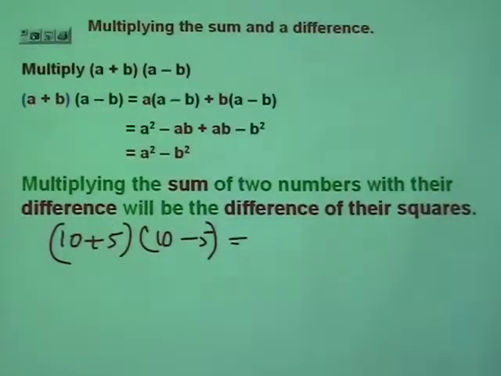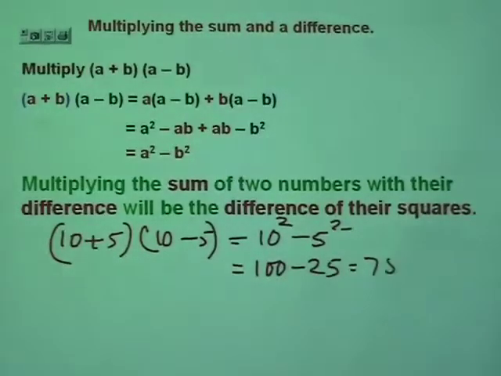So that will be 10 squared minus 5 squared. Now 10 squared is 100, 5 squared is 25. That gives us the result 75.